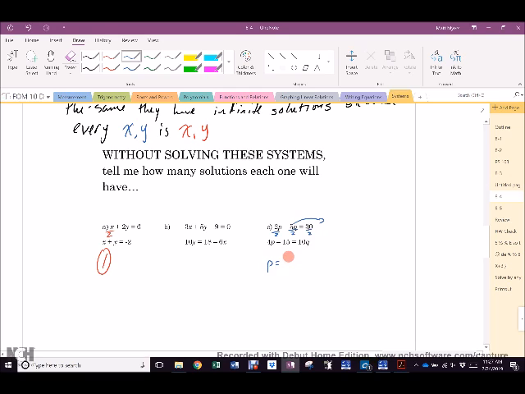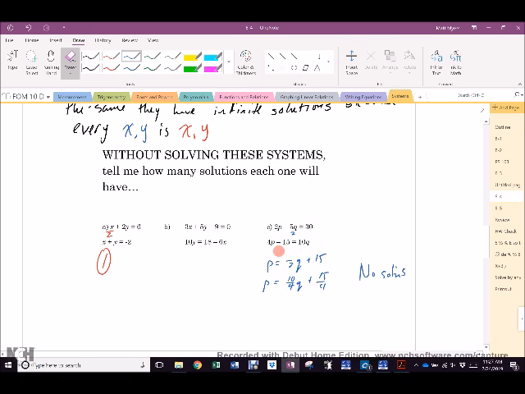P would equal 5 halves Q plus 15, right? And then down here, since I isolated P, I could divide by 4. And I would get P equals 10 over 4 Q plus 15 over 4. 10 over 4 and 5 over 2 are the same thing, right? Same slope, different y-intercept, one or no solutions.